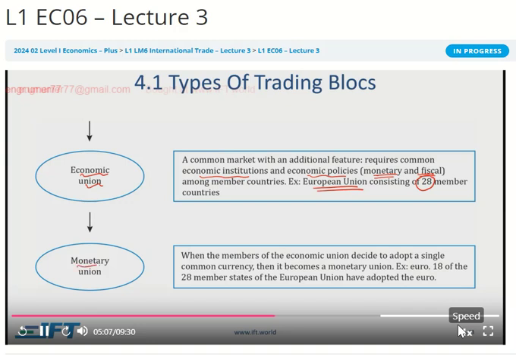And then finally, a monetary union, where not only are the policies the same, but even the currency is the same. Out of these 28 members, only 18 have the same currency as well. This is, of course, the highest degree of integration that you can have to benefit from international trade.